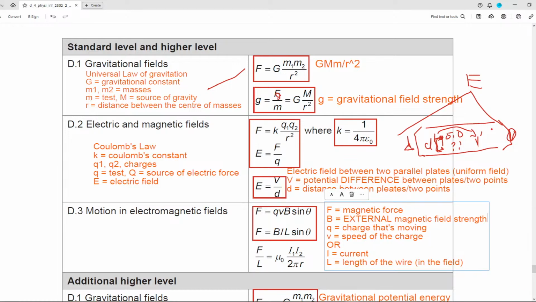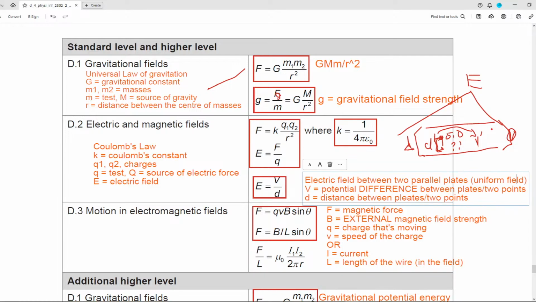It's very important to know that the direction of the wire, the force, and the magnetic field are all perpendicular to each other. So I'm going to write this on the side here. I want to put in a note that the magnetic force, the external magnetic field exerting the force, and the direction the charge is moving, whether you call that a length or a speed, must be perpendicular to each other.